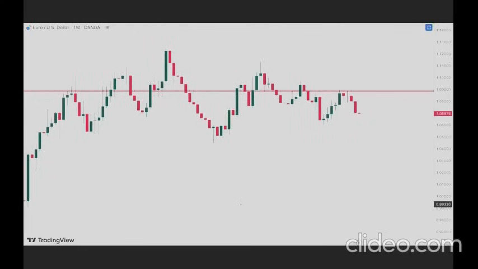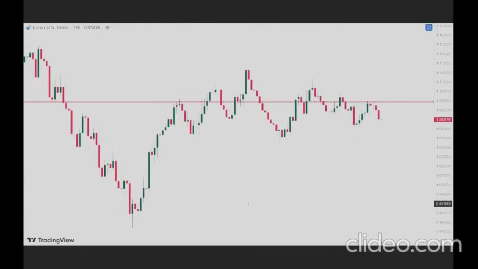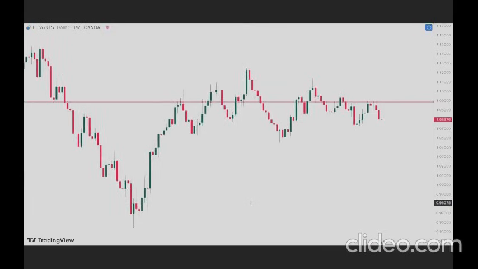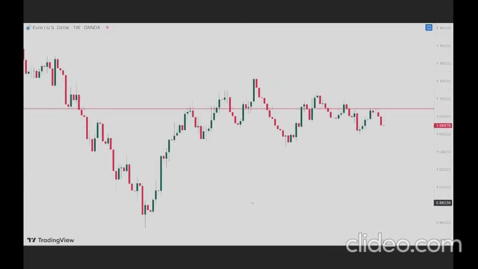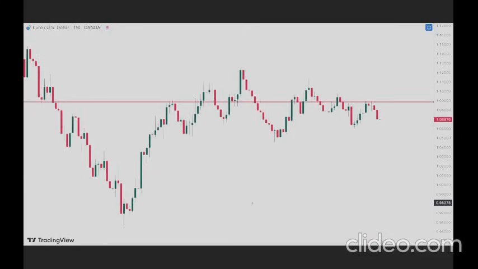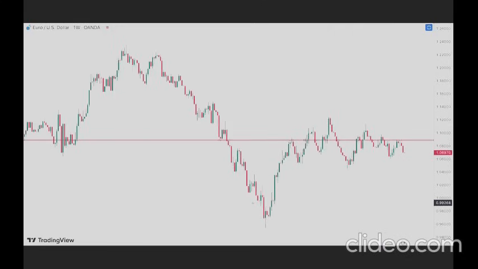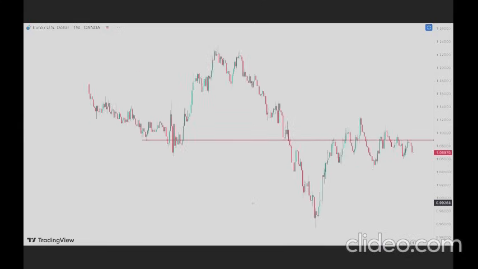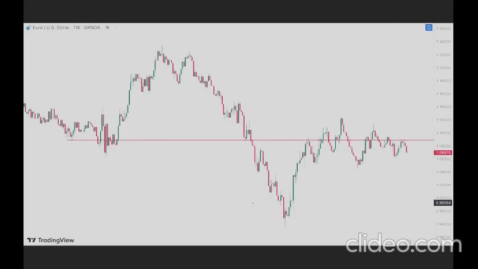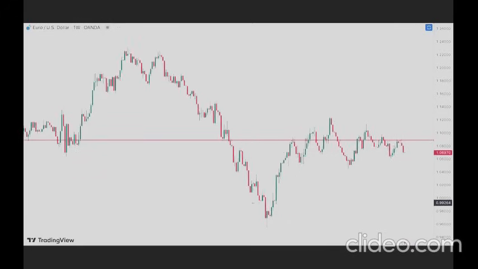And let us see what we have on weekly time frame. So this is on weekly time frame.